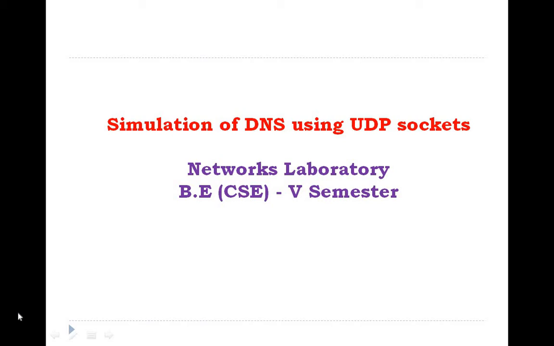Why was the domain name system implemented? Because it is very difficult to remember all the IP addresses. So we can store everything in something similar to a phone book, where the server can search in the database and give you the associated IP address.